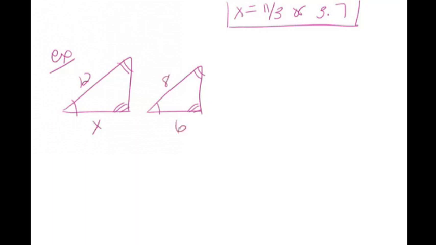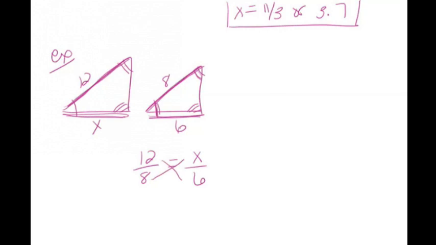Make sure that you're matching up appropriately corresponding sides. So this is my long side. It's between the 1 and the 2. That has to go with this long side, also between the 1 and the 2. So I know that 12 goes with 8. And then the x is between the 1 and the 3. That goes with the 6, which is also between the 1 and the 3.